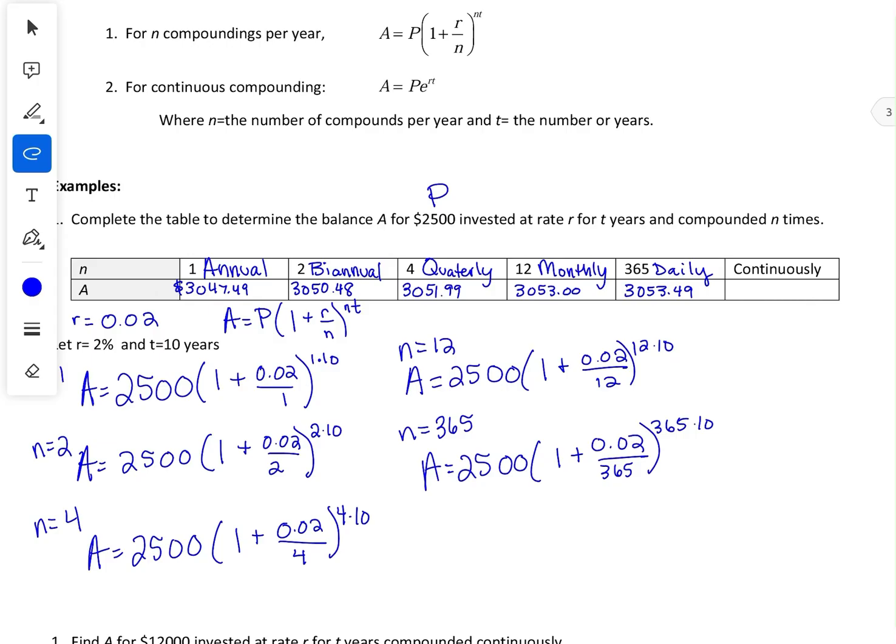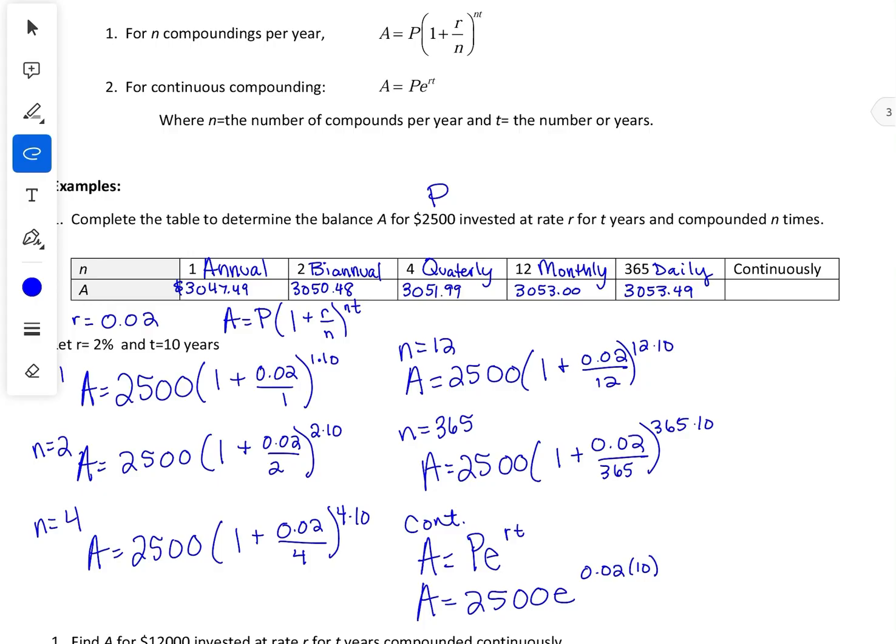So let's look at the continuously. That is a different formula altogether. It is A equals P E raised to the RT. So A equals 2,500 times E, the rate 0.02, time is 10 years, so times 10.